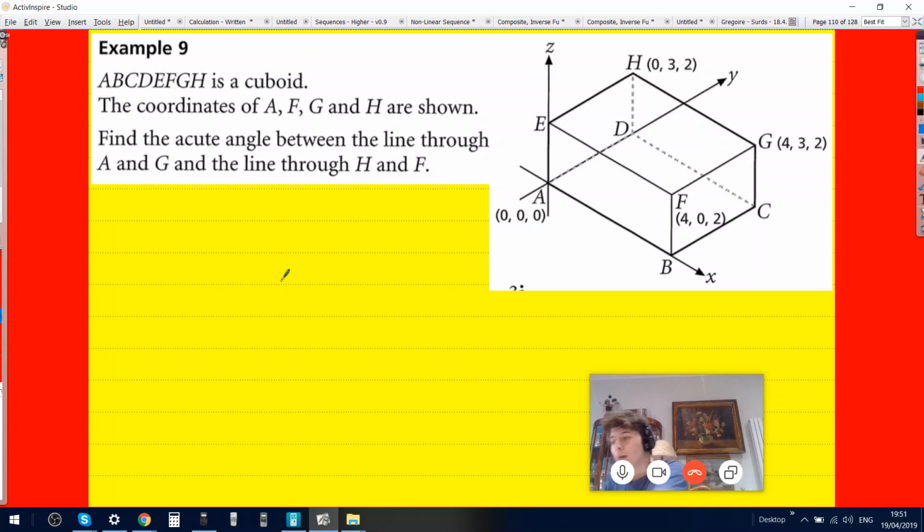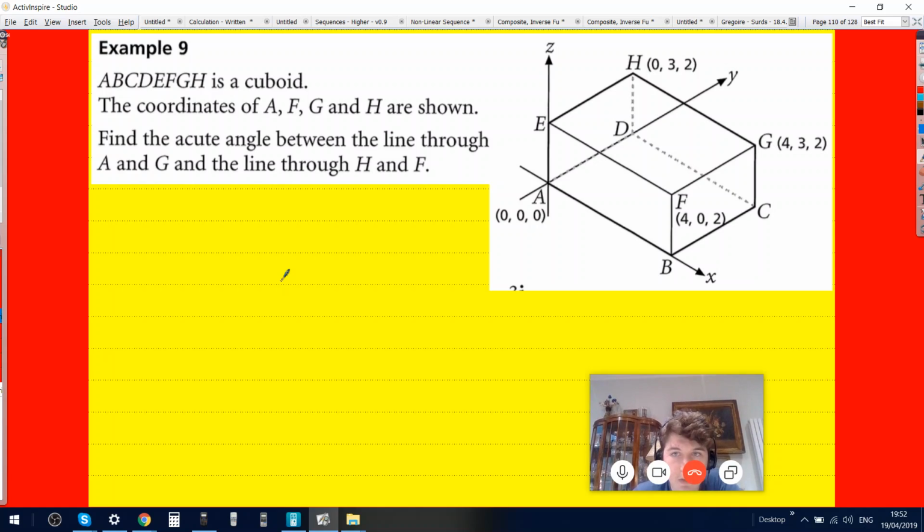Okay. So, requirements A, F, G, and H. Find the acute angle between... what does acute mean again? Less than 90. Basically just find the angle between them.